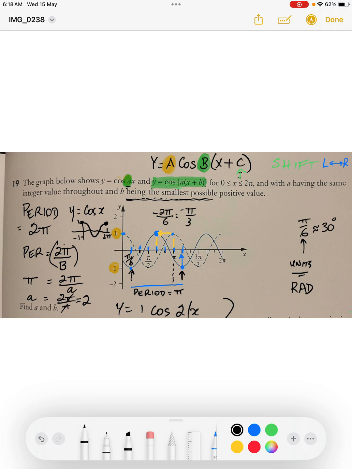So if we come back, then we've got to put x plus pi over 3, because it's moved to the left pi over 3. Just make sure that doesn't look like a negative. It's actually just plus pi over 3. Therefore, a is 2 and b, the smallest positive number, is pi over 3.